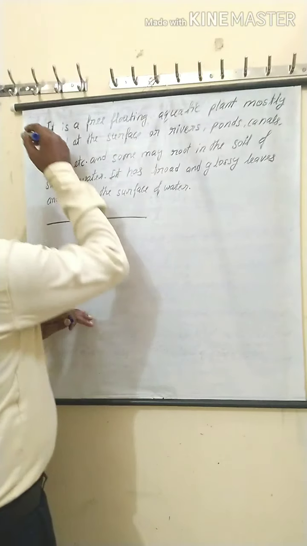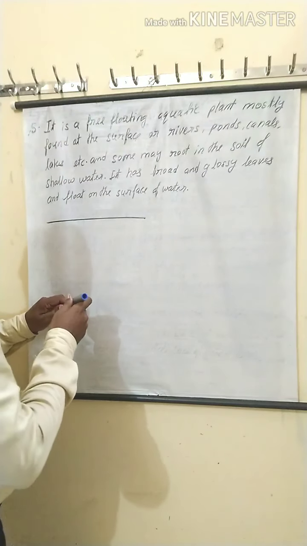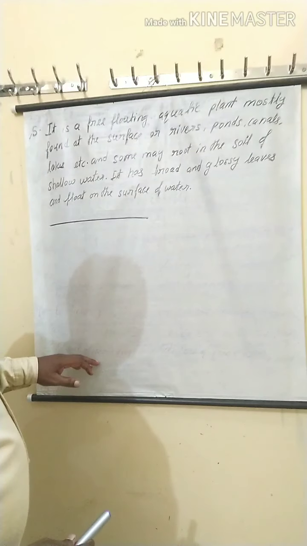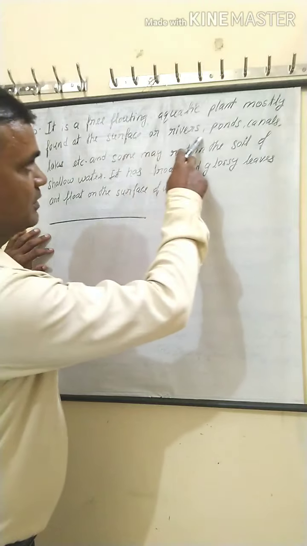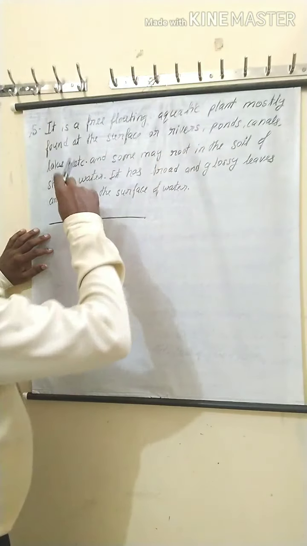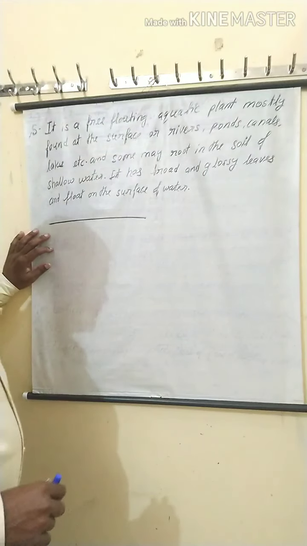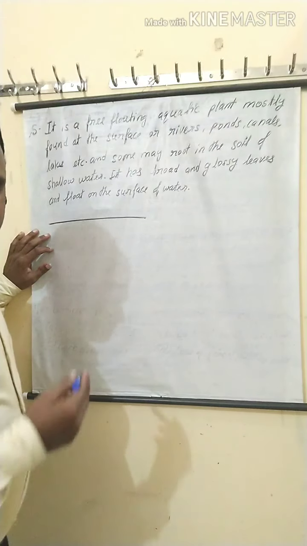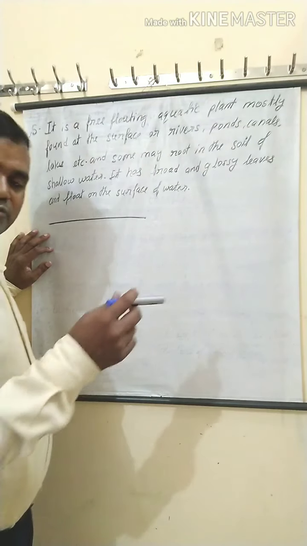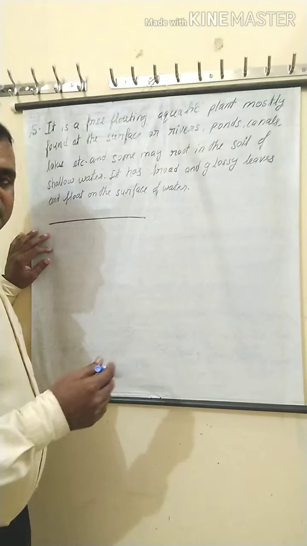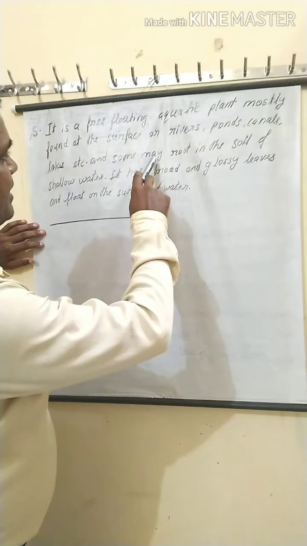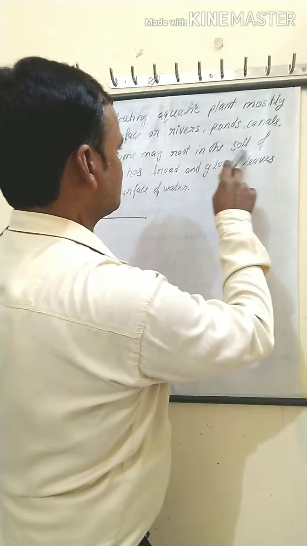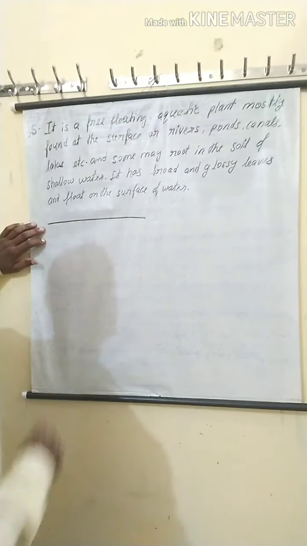Now fifth number: it is a free floating aquatic plant mostly found at the surface of rivers, ponds, canals, lakes, etc. You have seen such types of plants in your surrounding area, in ponds and rivers. Some may root in the soil of shallow water.